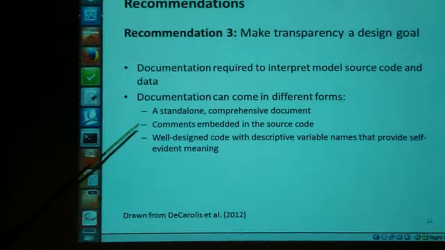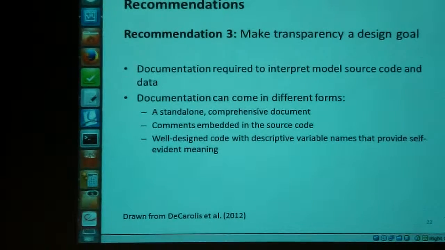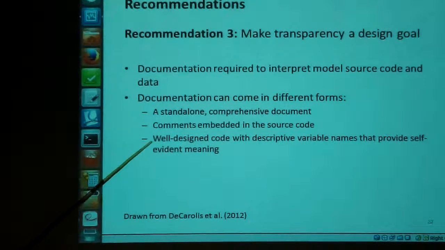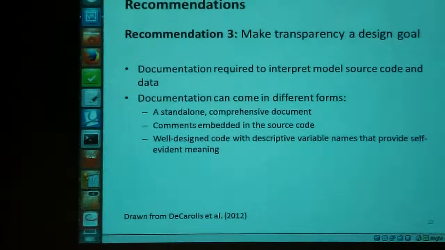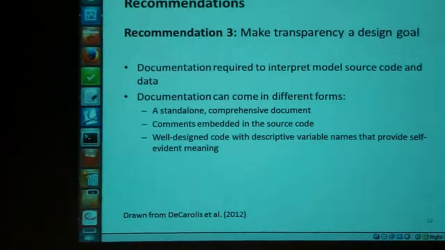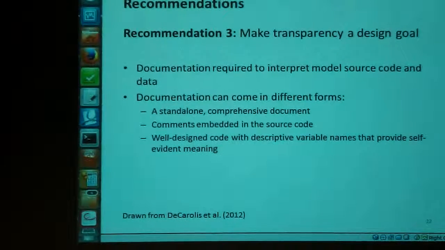Okay? So it could be a standalone comprehensive document. You could also embed comments in the source code, right? So if someone's scrolling through, they can see exactly what this equation is meant to do. And then just well-designed code. So instead of naming things X and Y in the code, give them descriptive names so that someone reading it can figure out the meaning just by the way that you name things.